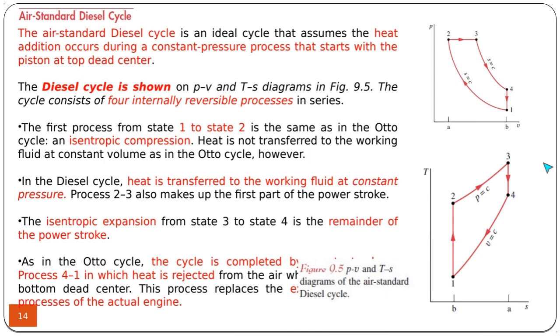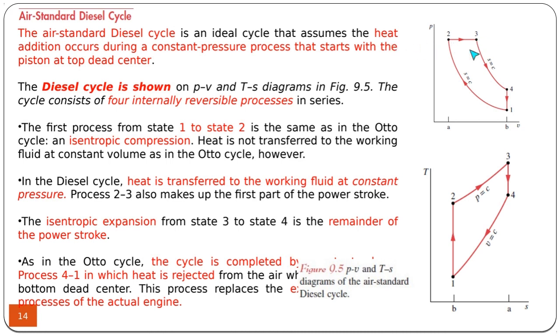Because of the high temperature of the air, when fuel is injected, it starts to burn, creating higher pressure. But meanwhile, because the piston is moving down, the pressure does not increase. So this is where the combustion takes place in a diesel engine, which means combustion in a diesel engine takes place at constant pressure. So it's different from the gasoline engine.